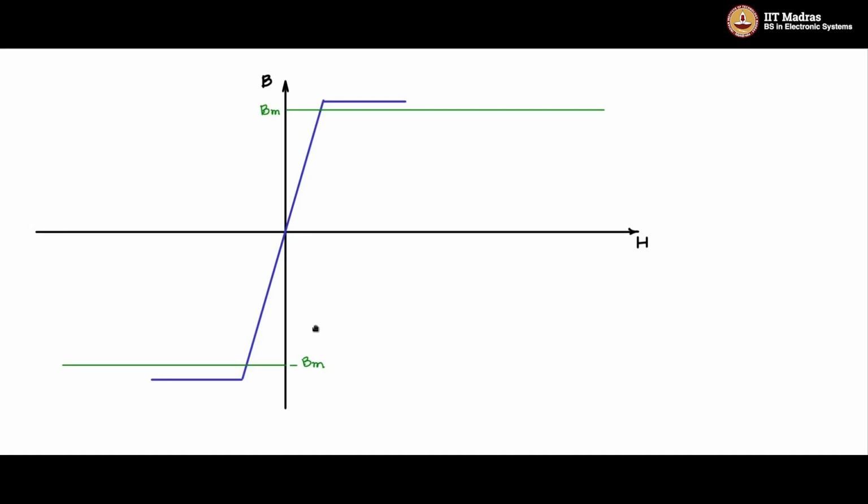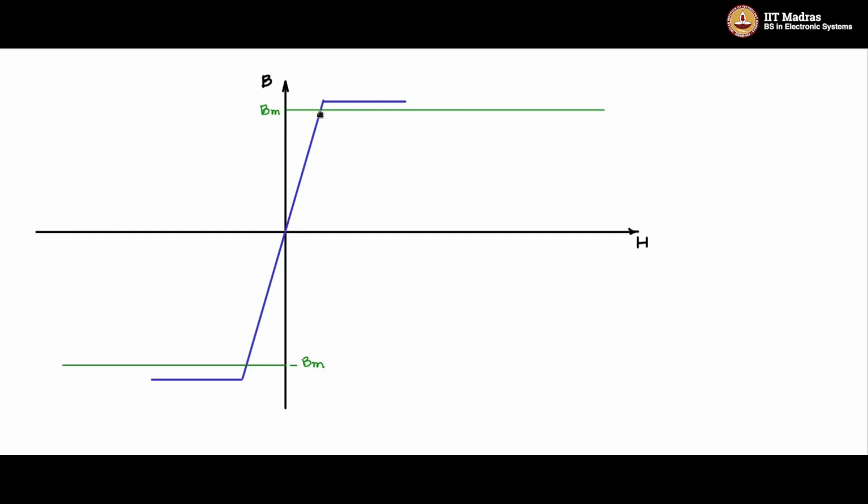So we know that the flux density in the core will swing only between minus Bm to plus Bm, within that and never crossing that. So if we limit the flux density to this value, what is the maximum energy that this inductor can store?